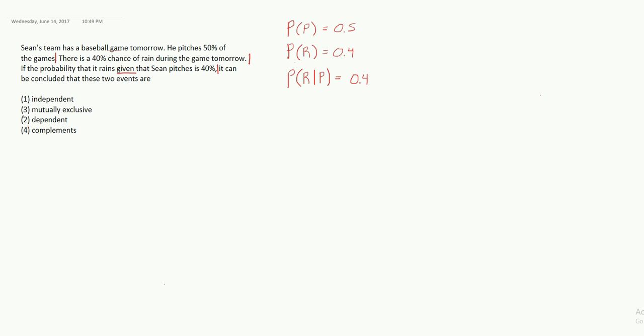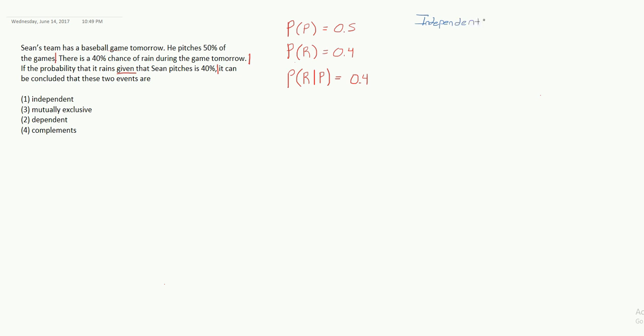Okay, so all that said, what can be concluded that these two events are? Independent, mutually exclusive, dependent, or complements. Alright, so here's what would be helpful. Independent means that this is true. Let me write this down here.